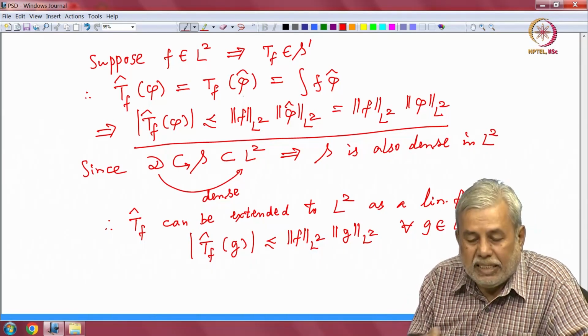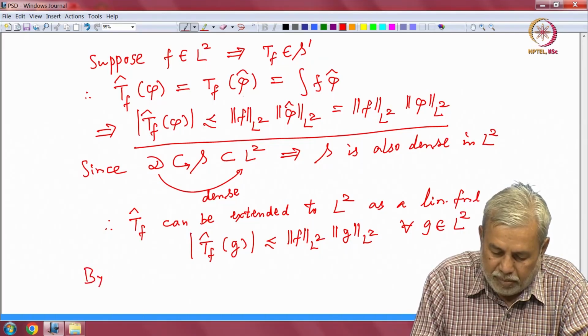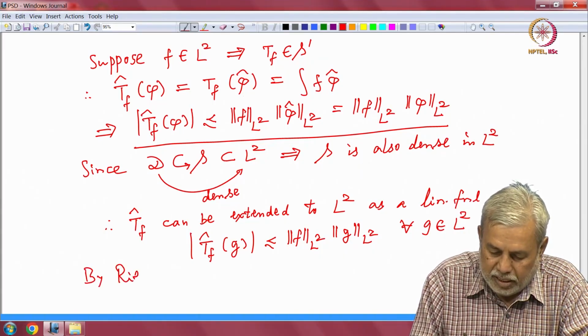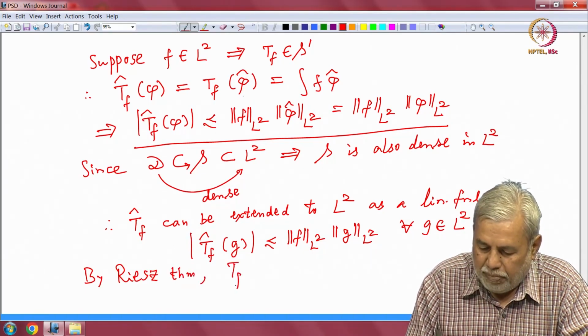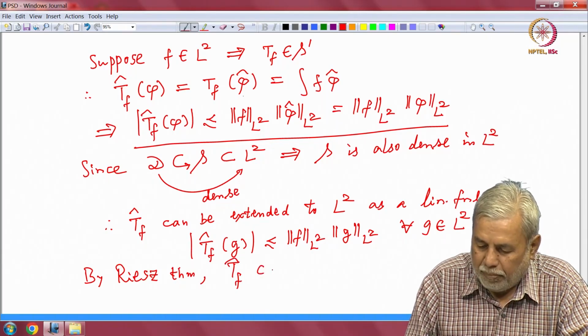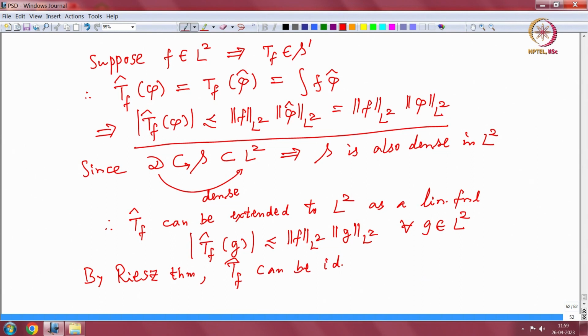And now by the Riesz representation theorem, T_f hat can be identified with an L2 function.